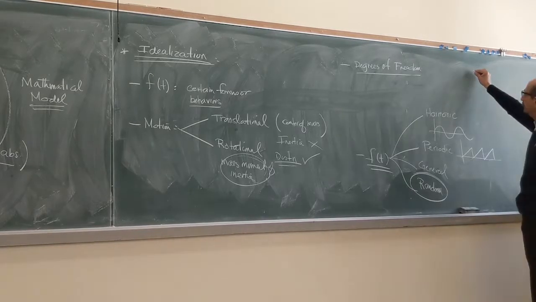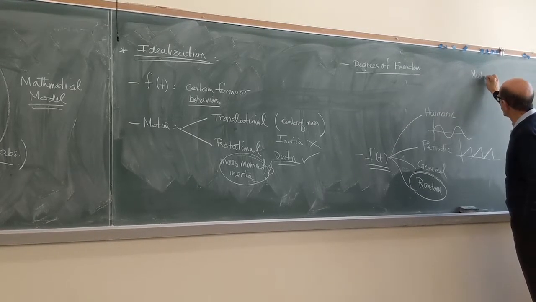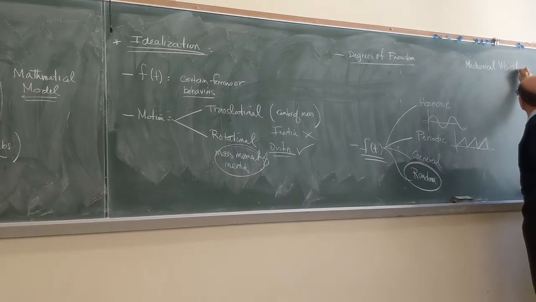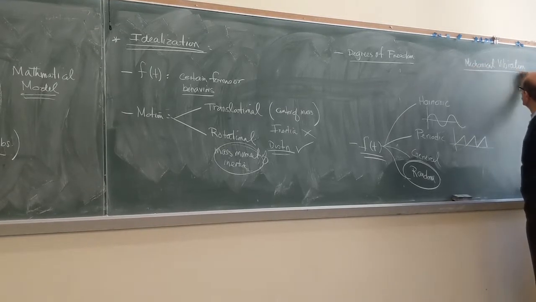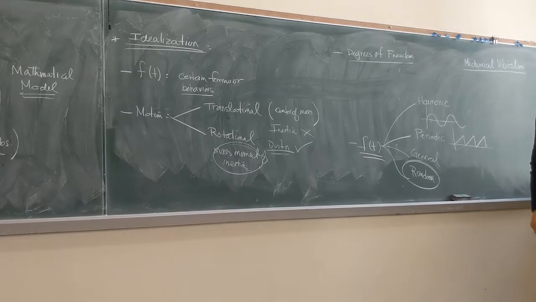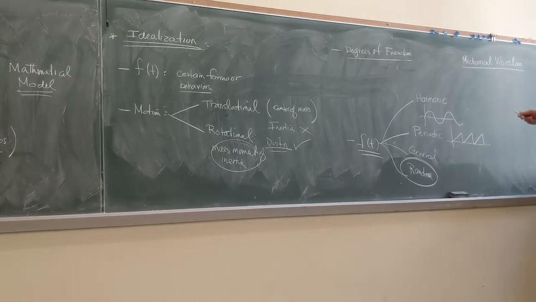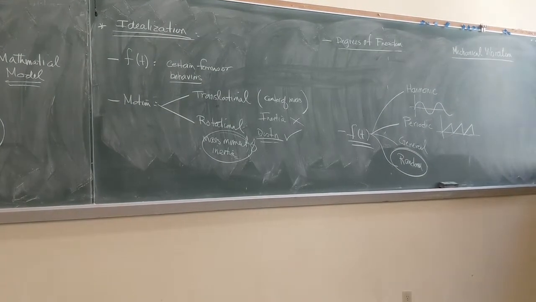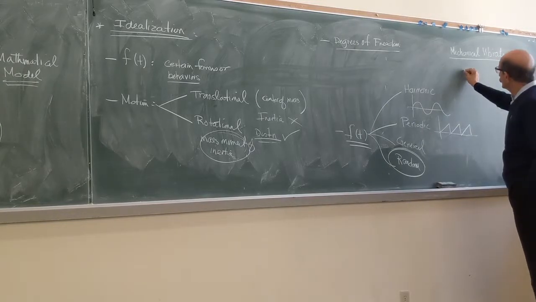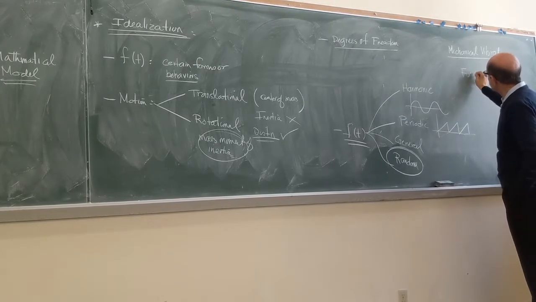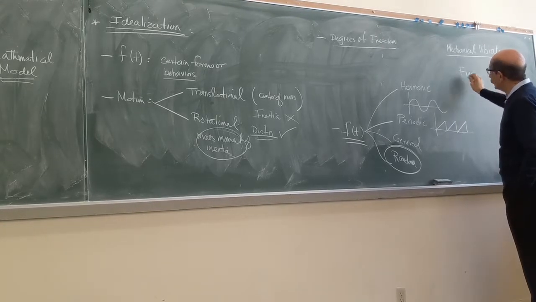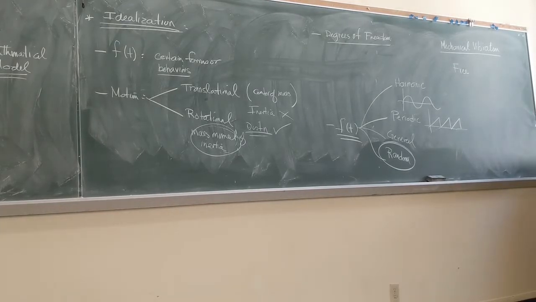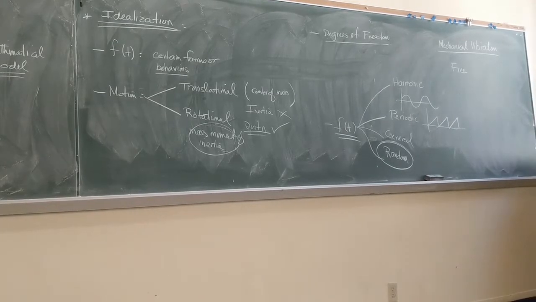So mechanical vibration, or what we study, can be categorized in two distinct ways. One is based on the type of force that acts on the system. So the system can be either vibrating without the force acting on it. In other words, the wind has been blowing, the tree is moving, and then the wind stops.